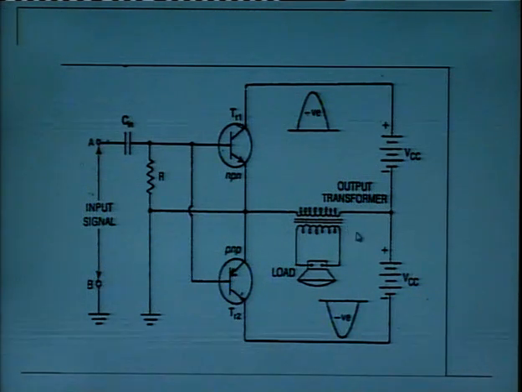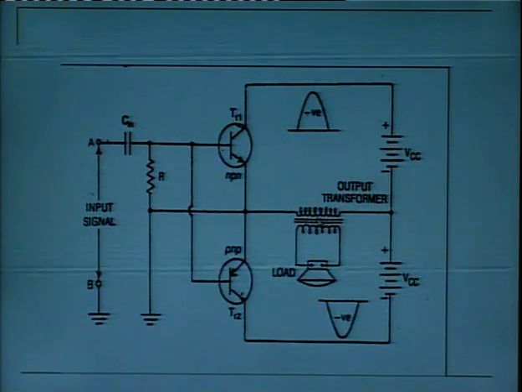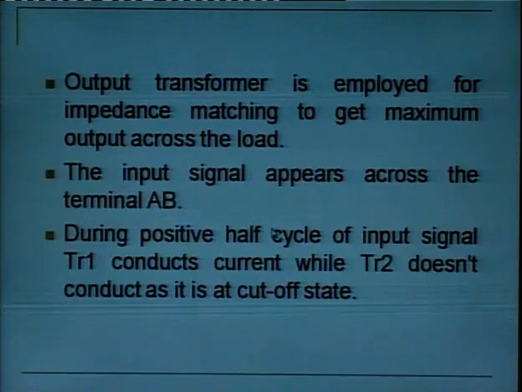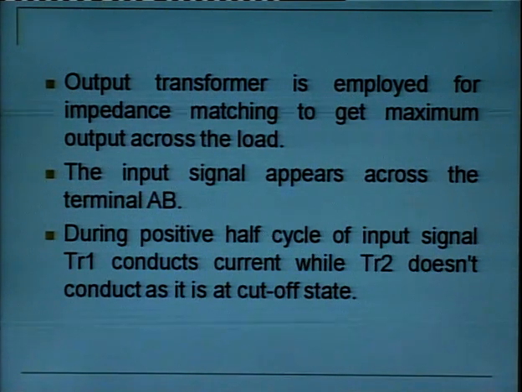The output transformer is there, but your battery potential is divided into two. If there was a single 12 volt supply for both transistors, here you have 6 volt and 6 volt to the two transistors individually. The output transformer is employed for impedance matching to get maximum output across the load.